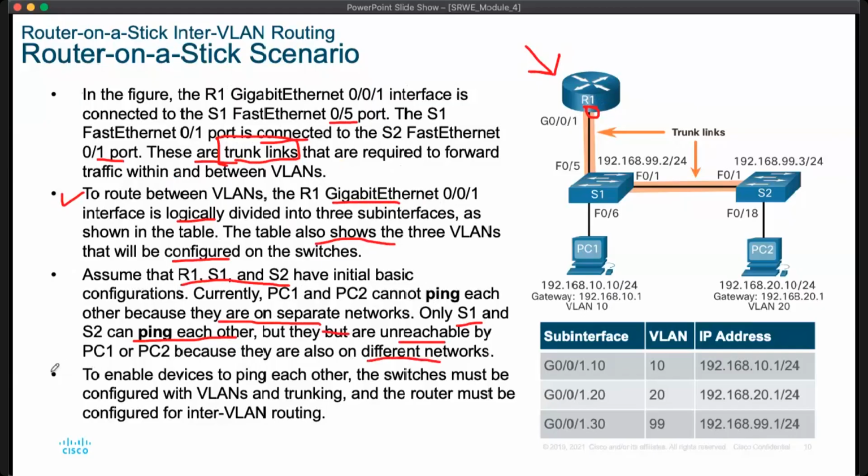To enable devices to ping each other, the switches must be configured with VLANs and trunking, and the router must be configured for inter-VLAN routing.